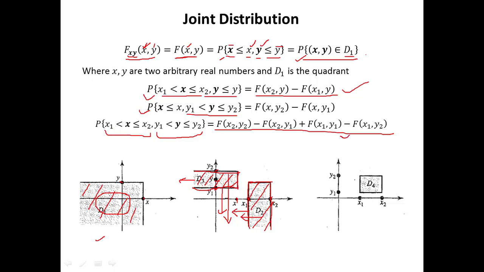And if you express these distribution functions in terms of regions, you get a rectangle as the region of interest for calculating this probability. We are discussing the representation of probability in terms of region because this concept will have extensive use when we try to find the joint distribution for two random variables.